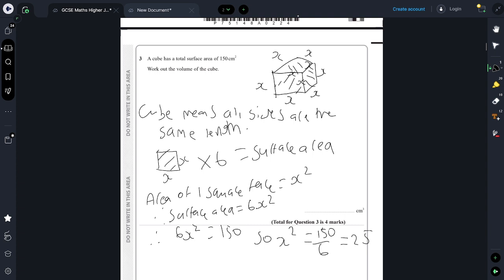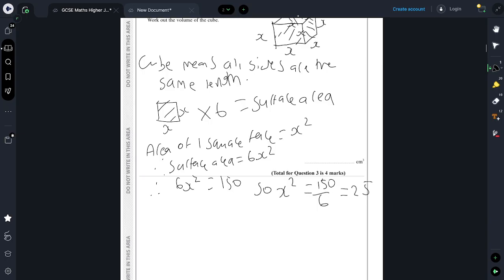You can kind of spot this because x squared has to be an integer, and it has to be a square number. 25 is the best guess here. Check this: 25 times 6 indeed gives you 150. So x is 5 centimeters. The side is 5, not minus 5. You don't do plus or minus here because minus 5 doesn't make sense because it's a length. You can't have a negative length. So you just take the positive 5.